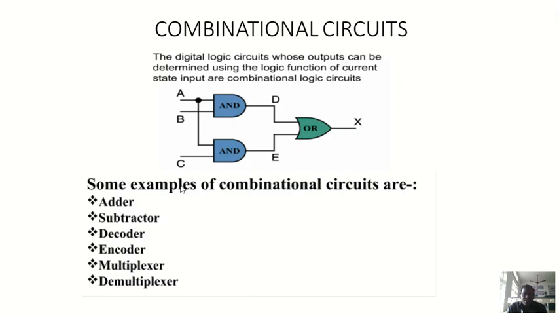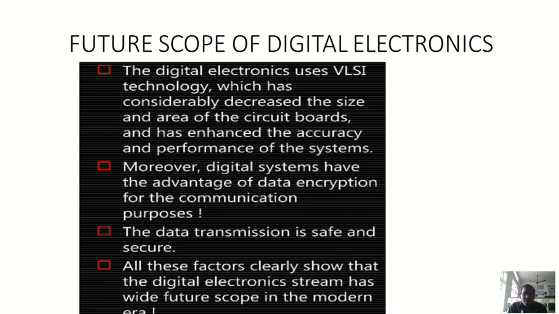Some examples of combinational circuits are adder, subtractor, decoder, encoder, multiplexer, demultiplexer. Like that we have different kinds of combinational circuits.